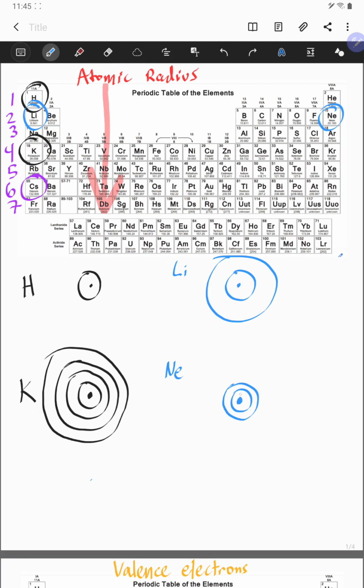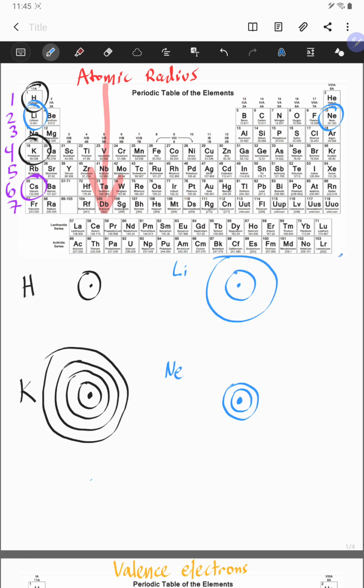So since neon has more protons, think of it as having a stronger magnet to pull the electrons in closer. So they want to get closer to that very strong magnet inside of neon. Whereas lithium only has 3 protons. So it has a very weak magnet. The electrons aren't just going to drift off into space, but they're not as tightly bound to the nucleus as they are in neon.